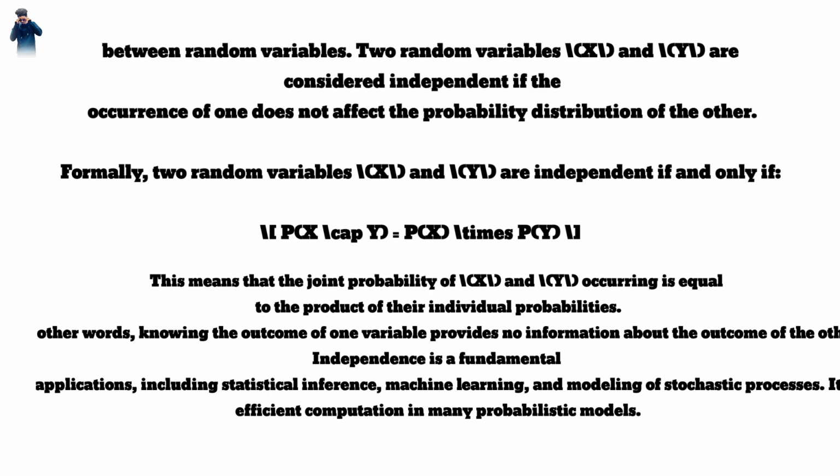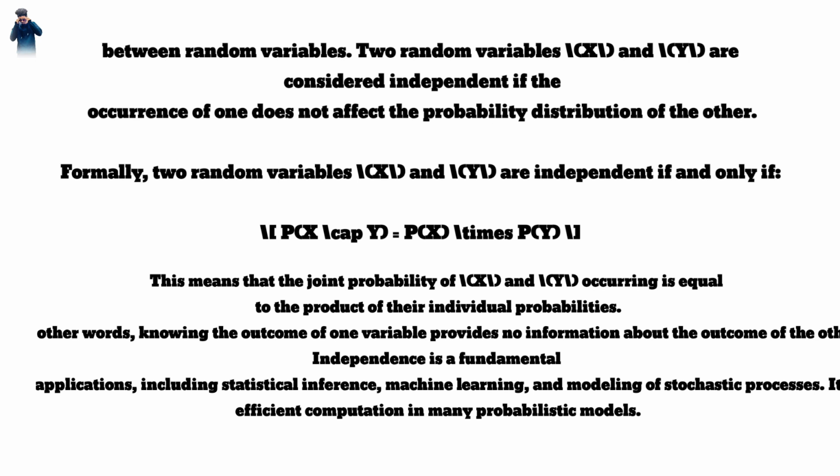Independence in probability theory refers to the lack of influence or correlation between random variables. Two random variables x and y are considered independent if the occurrence of one does not affect the probability distribution of the other.